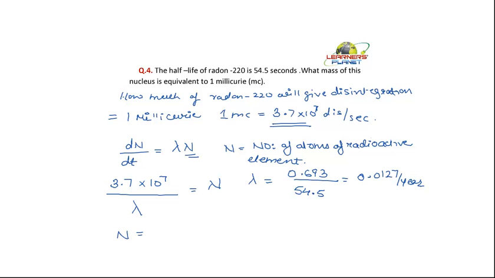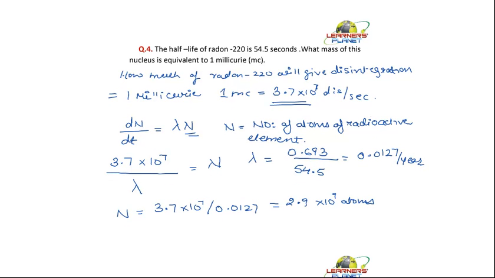Now, can you find out N? N will be equal to 3.7 into 10 to the power 7 divided by 0.0127. That will give you your N, that is the number of atoms. So this comes out to be 2.9 into 10 to the power 9 atoms.